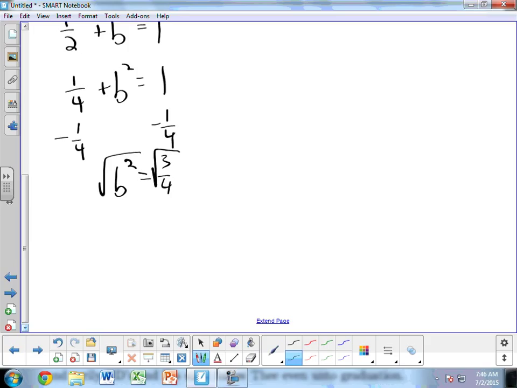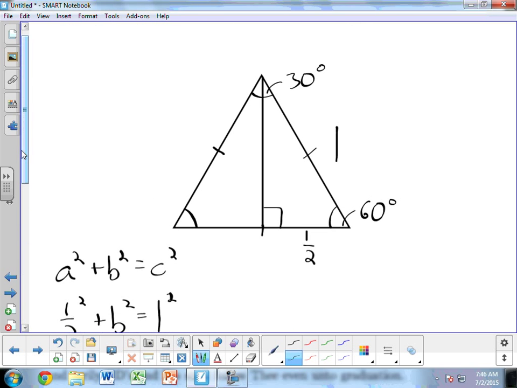The square root of b squared is just b, and the square root of 3/4 is the square root of 3 over 2. So if we put this back onto our triangle, this is the square root of 3 over 2. That seems somewhat complicated, but we can think of this in a different way.